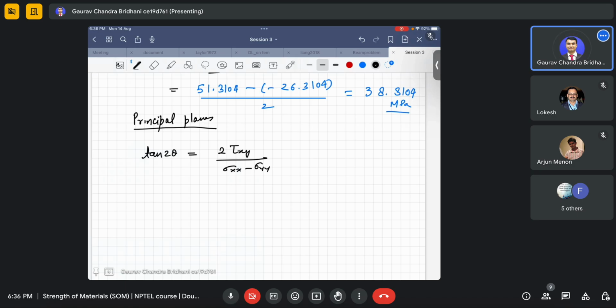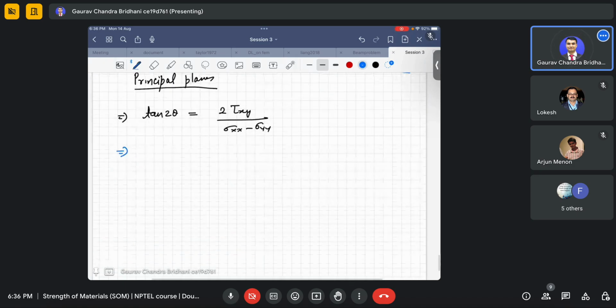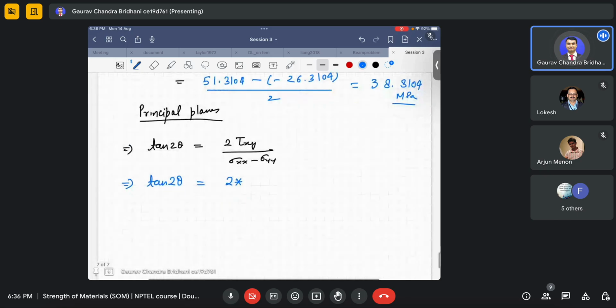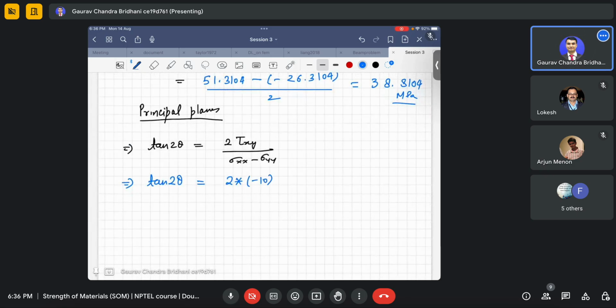Okay, that is the equation we know. So tangent of 2 theta will be 2 times tau xy. What is tau xy for us? Minus 10, and sigma xx is minus 25 minus sigma yy, which is 50. That means minus 20 divided by minus 75.